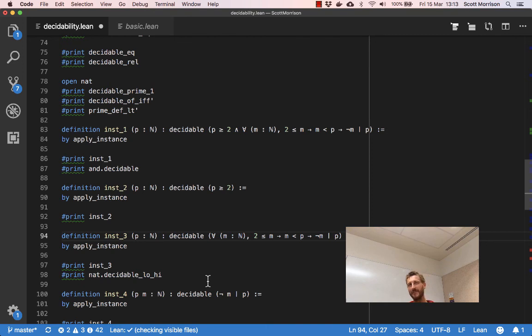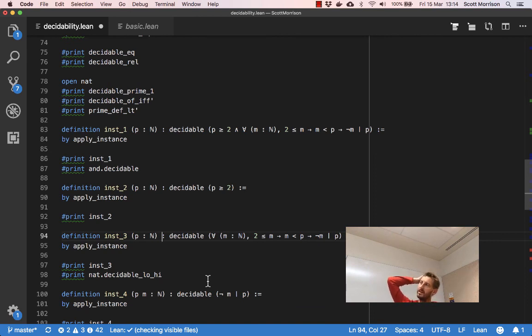So another question about this: you say do not simply use an existing instance from Mathlib. I assume what you mean is that if we define prime with a for-all statement there, we can't just say by infer instance. Yeah. I think I do want to leave this a little bit of a gray area.